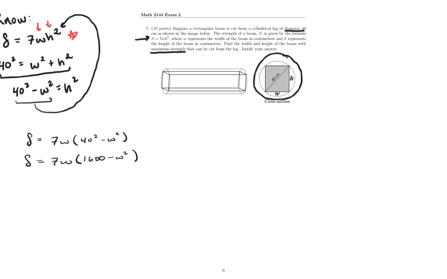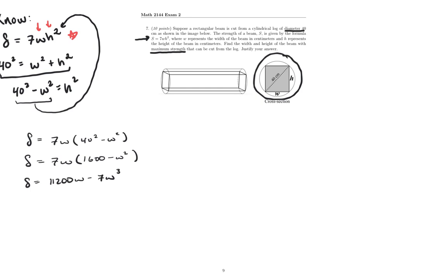Okay, so I'm going to distribute that 7W, so I get S is equal to 11,200W minus 7W cubed. Now this is a wonderful formula to work with, because now I need to find the critical points, right? I want to find the critical points when I'm working with optimization.